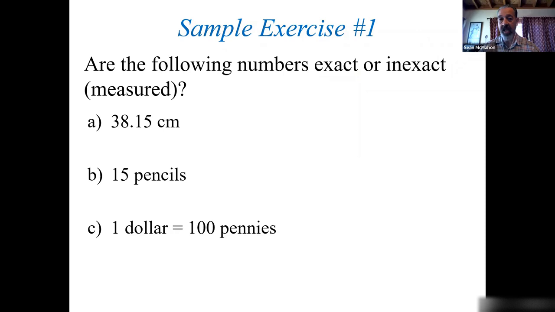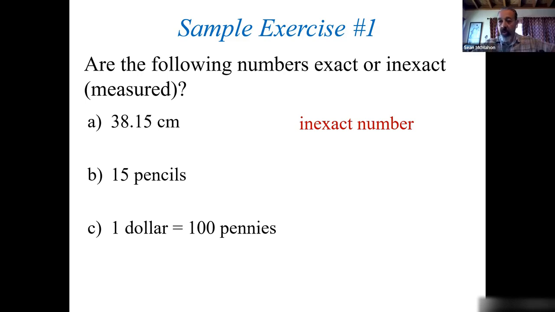If I look at this, and this will tie into, for those of you who have the sample questions to go along with my lectures, sample exercise number 1 in the PDF. For the first part A, 38.15 centimeters. Is that exact, or is that a measured number? Well, it's a measured number.